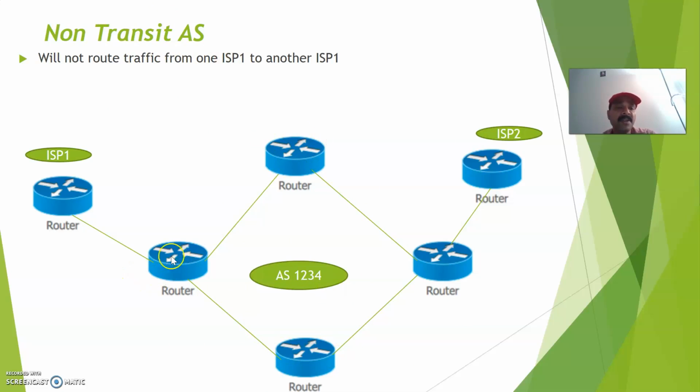Why? Because whenever a router receives any information from the external autonomous system, the external ISP, it will be responsible for updating all the other routers. So each and every router will have a complete understanding of external routes. That is the main purpose of running a full mesh IBGP neighbor relationship within a single autonomous system in a non-transit AS.